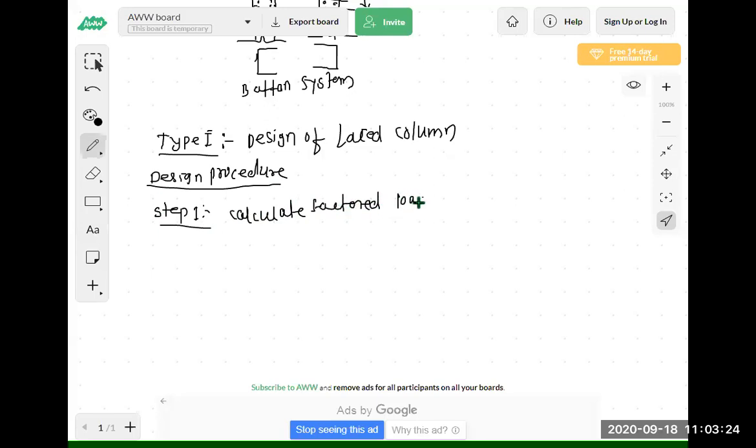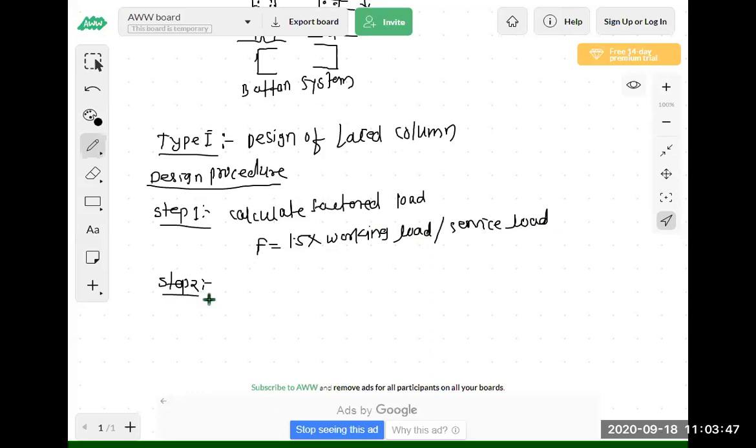I am going so fast because it is the same procedure as compared to the last column. So F is equal to 1.5 into working load or service load. So this is the first step.